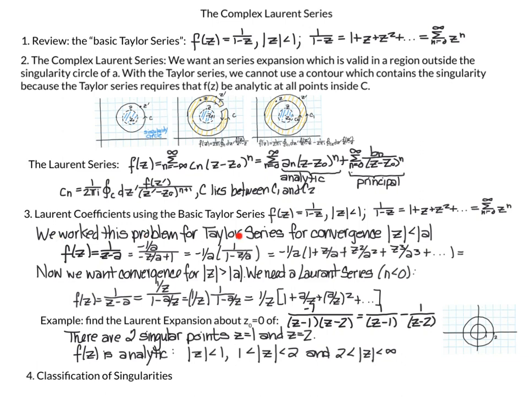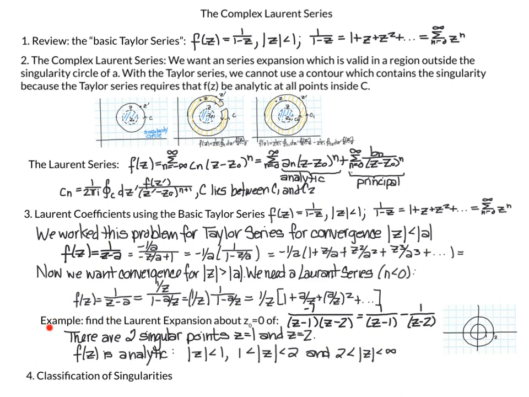We brought back this problem that we worked in our previous video when we were talking about complex Taylor series, and again for the Taylor series we had to have z within the singularity circle of A. So this was the solution, and we then compared it if we want to get the convergence now with absolute value z greater than A. So we needed a Laurent series, and we worked this example here.